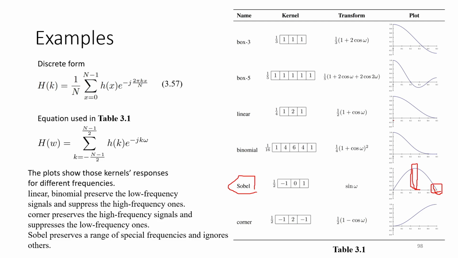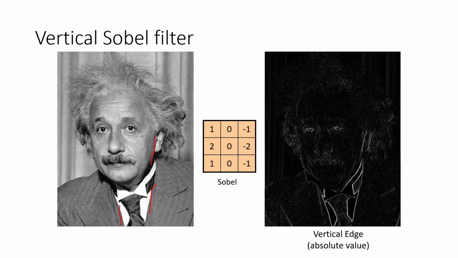For the Sobel filter, as we can see, for some edges the response is very, very strong, but for some edges, for example this one, the response is relatively small. Why? The reason is, if you have a certain edge, it will have a one and then a negative one, and they will cancel each other out.